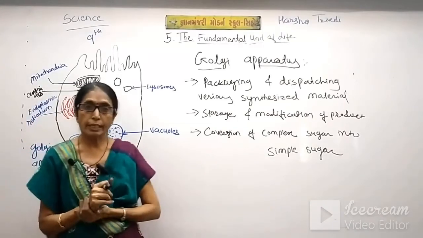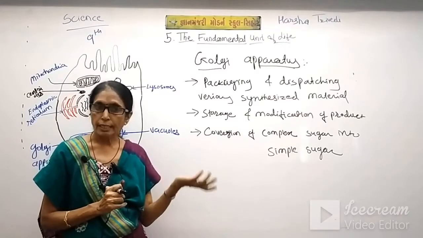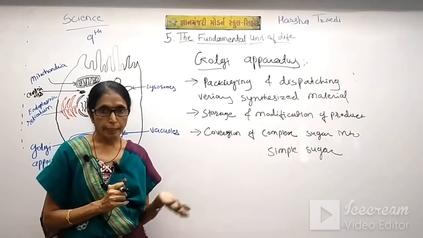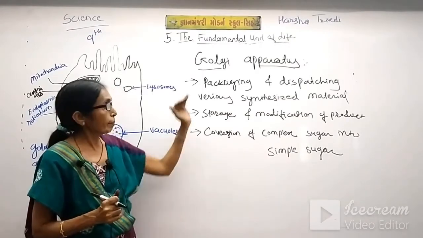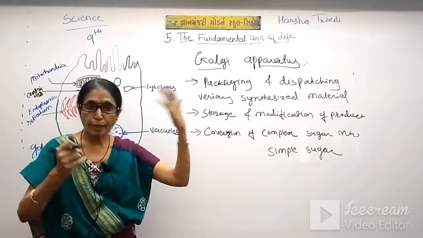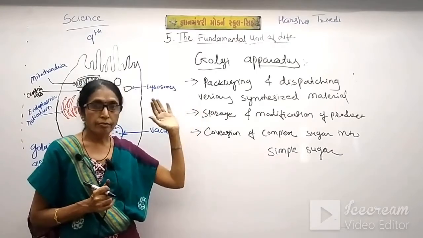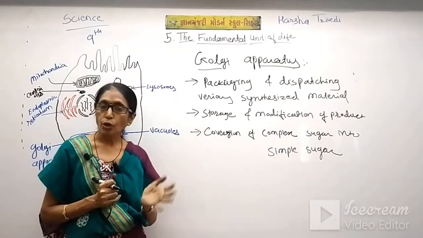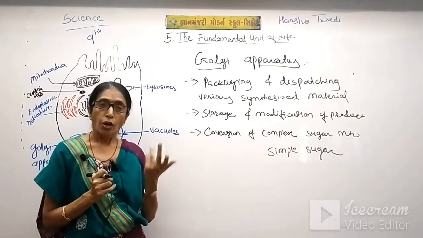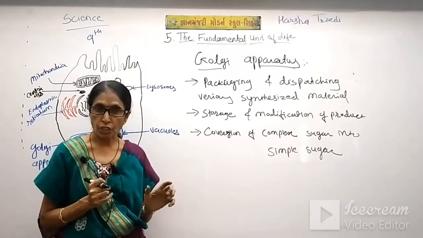Which materials are synthesized in the cell? We can say proteins, lipids. The packaging of this material, and also the dispatching wherever it is necessary, this work is done by Golgi apparatus. We can see all the cell organelles have their specific functions.